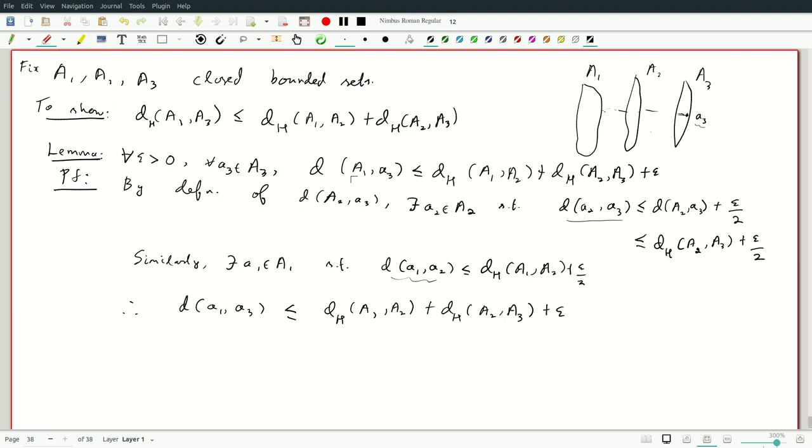Okay, and so this, by definition, is the infimum of quantities over all A1 in A1. So this is by definition less than or equal to distance between A1 and A3. So this is as claimed. Okay, now we have this. We know the rest is quite clear, as epsilon was arbitrary.